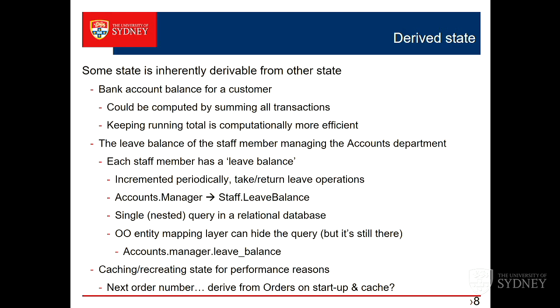So, for a bank account balance for a customer, well, theoretically, you could just go and sum all the transactions they've ever had, which is obviously computationally infeasible. So, for computational purposes, you just keep a running total, which is your current bank account balance. But it's effectively just caching the results of a potentially long computation for ease of use and performance reasons.